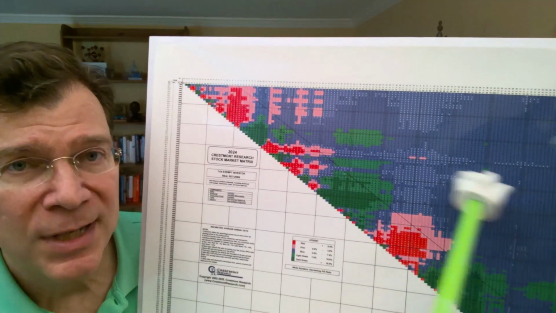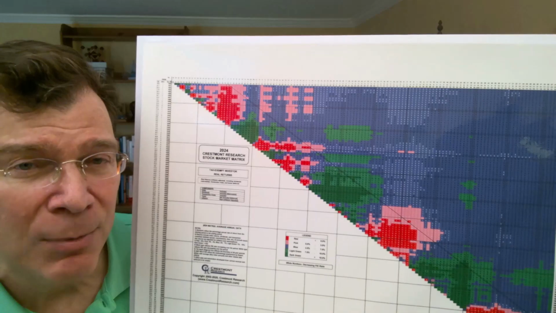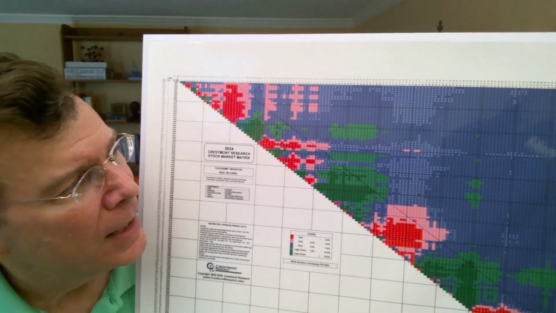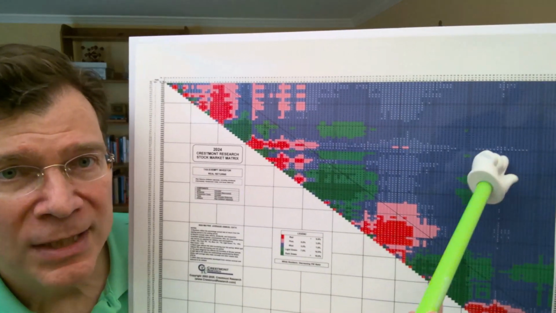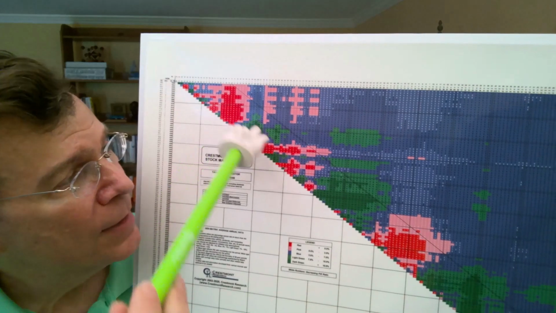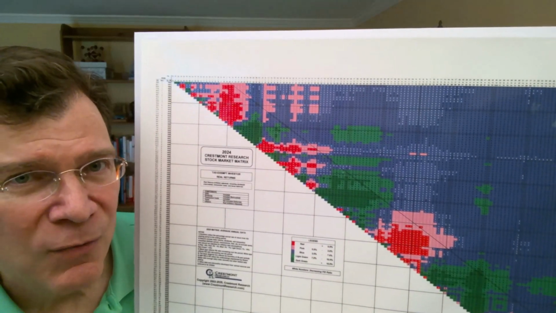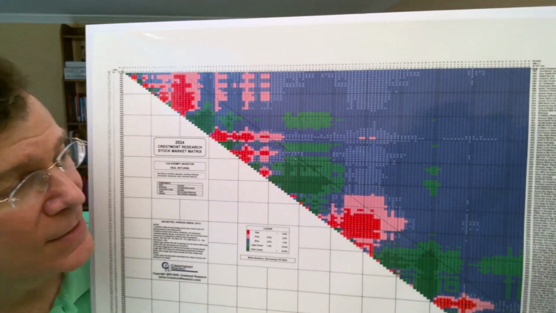The blue represents long-term returns in the stock market in the neighborhood of 4 to 6% after inflation. And you can see the longer that you're in the market, the more likely you are to get those kind of returns. The shorter term, between 0 and 20 years, or even between 0 and 30 years, you've got a lot more variability on what kind of returns you're likely to find.